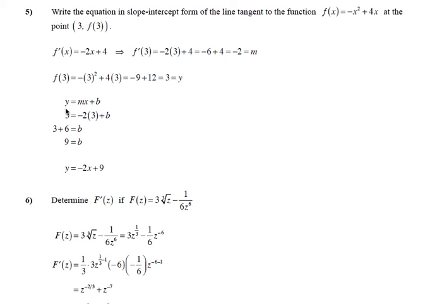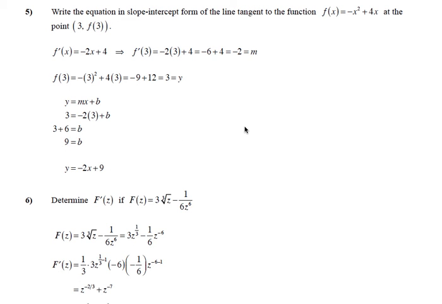Then we substitute the y, which is 3, into the equation y equals mx plus b. So we have 3 equals negative 2 times 3. Negative 2 times 3 is negative 6. When we add 6 to both sides of this equation, we have 9 is equal to b. So our equation is y equals negative 2x plus 9, the slope we discovered up here and the y-intercept here.